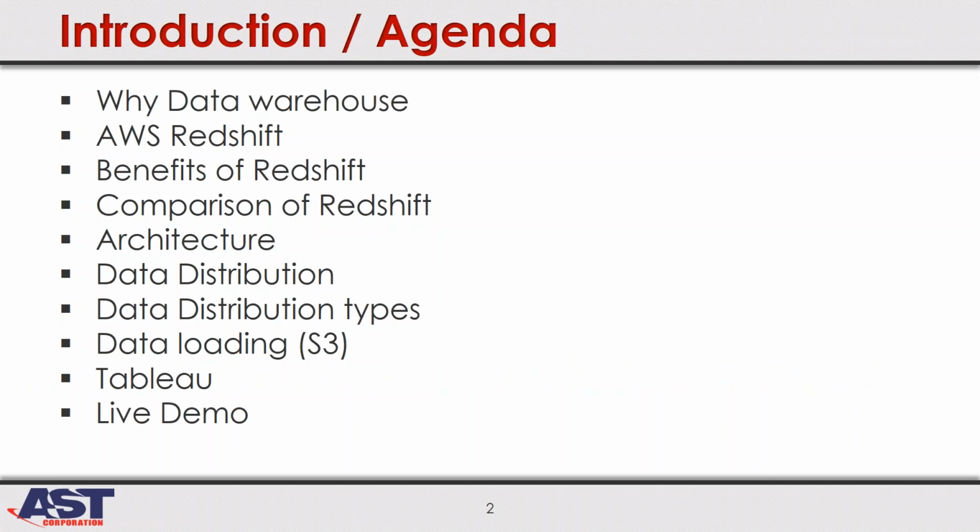So, our agenda is, first, why do we need a data warehouse, and why do we need to select Amazon Web Services Redshift as a data warehouse, and what are the benefits of Redshift, and what is the comparison of Redshift to other existing data warehouses, and what is the architecture of Redshift, and how the data is being distributed among Redshift, and what are the distribution types in Redshift, and how the data is being loaded into Redshift.